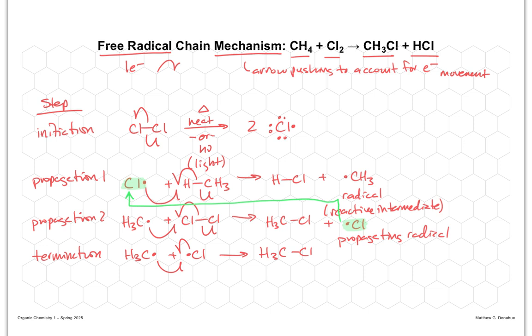Alternatively, if you had two methyl radicals find one another, I'll call that termination A, termination B. So two methyl radicals collide, they would form now ethane. There's no other radical produced, so the chain is terminated.